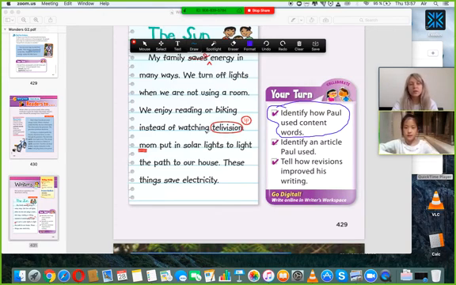So connect words are words that connect sentences like and, also, as well, and content words are words from the text, words that help us to understand the main idea of the text. So which words are here the content words?